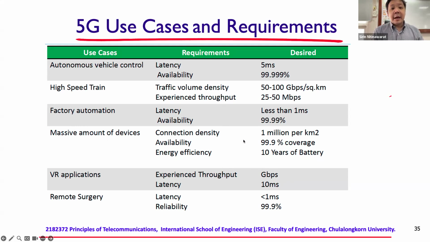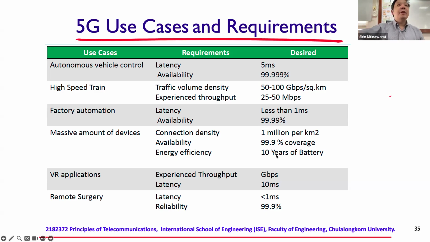For mMTC, you see 1 million devices per kilometer for connection density, reasonable availability and very high energy efficiency, because these sensors will be deployed for a long time.